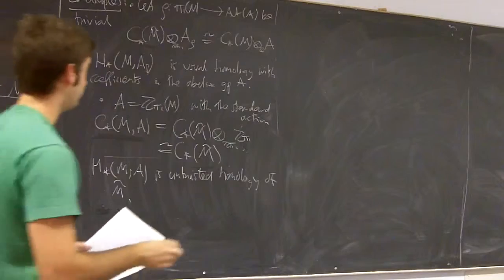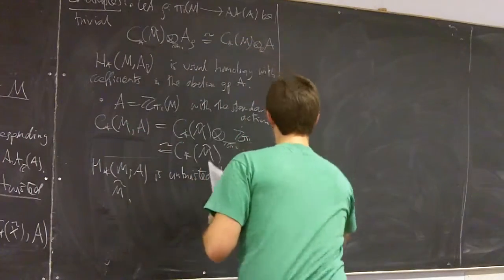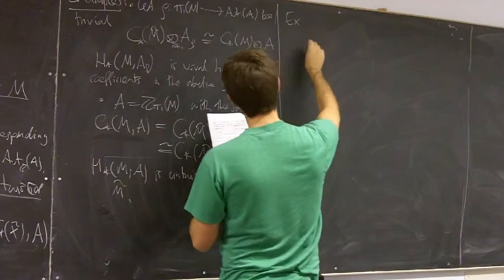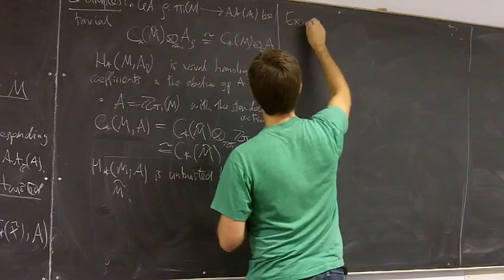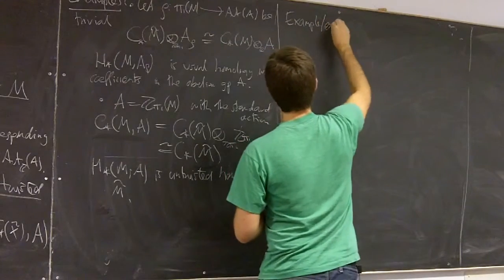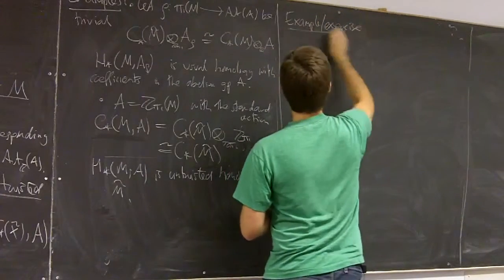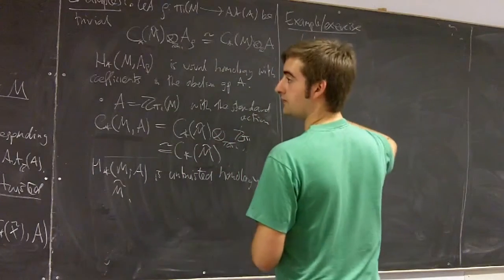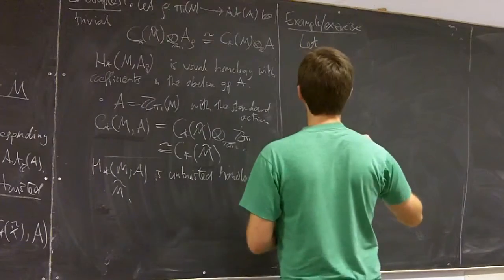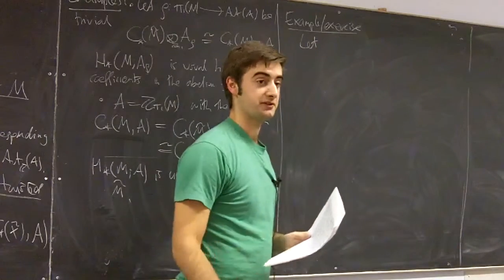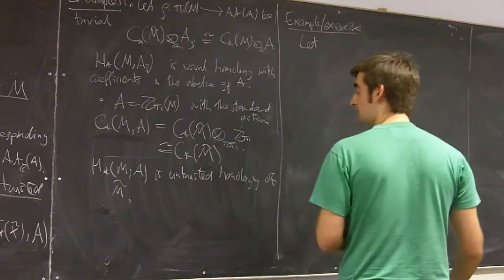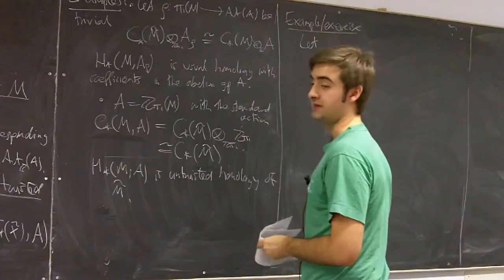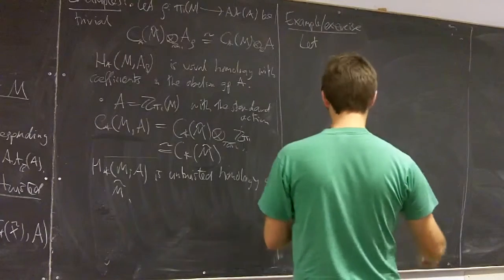So now a little exercise, or sort of a cross between an exercise and an example. You'll have noticed from before that the orientation character, or the first Stiefel-Whitney class, is a representation. So we can form the homology of M twisted by the orientation character.